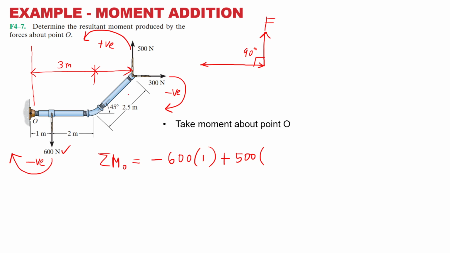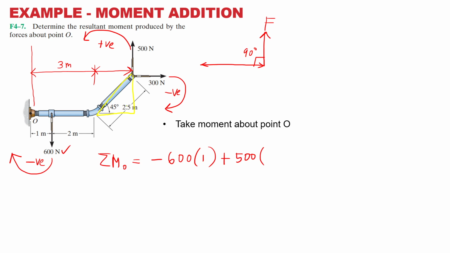So, this is a triangle lah. 45. Okay. Did you see this triangle? Probably yellow color lah kot. This is a triangle. 2.5 meter.